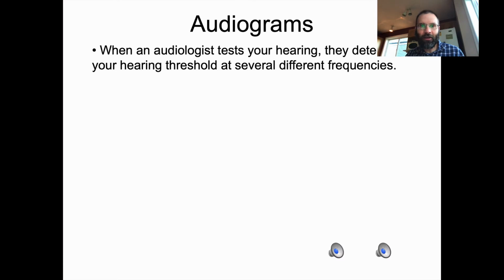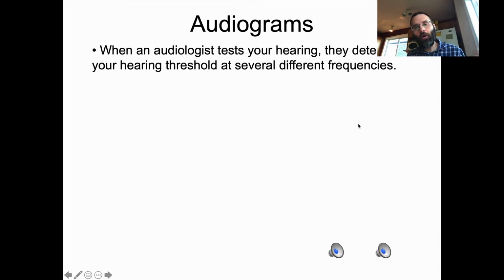Well, this is the right ear, I heard it there, and then left ear, I heard it there, and so forth. The audiologist is looking for the point at which you will respond with 50% accuracy. They'll reduce the intensity level of the tones they're playing until they get to a point where you hear it half the time, and half the time you don't seem to hear it or don't respond to it, basically.